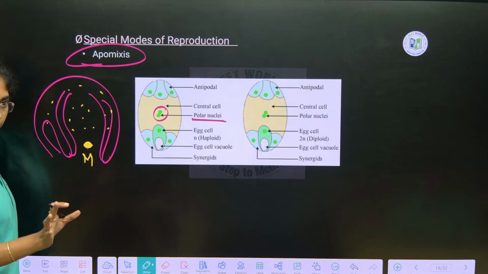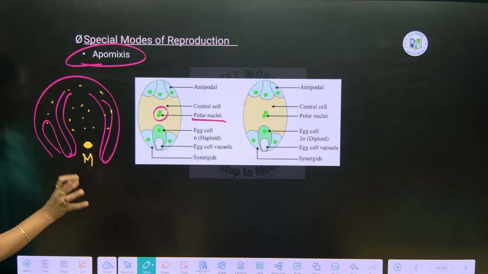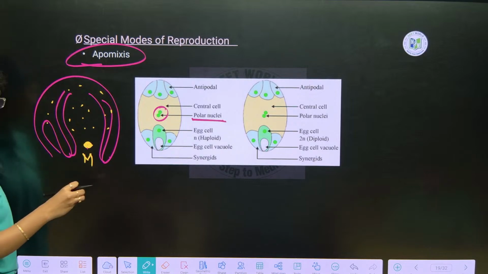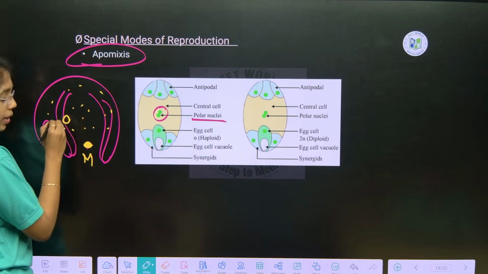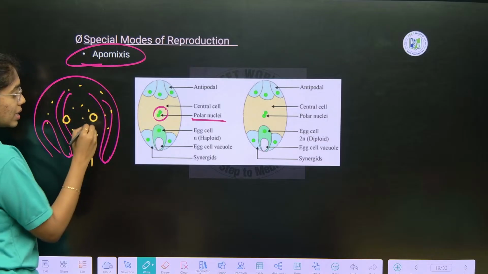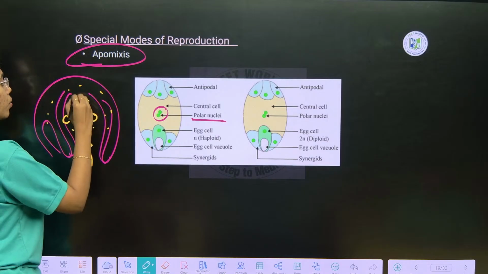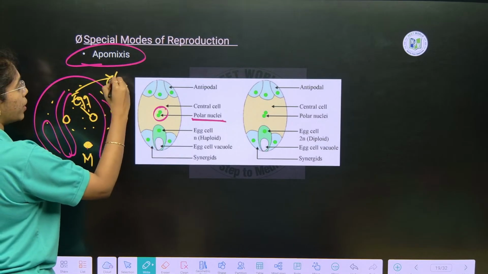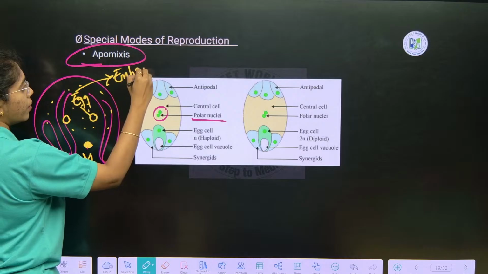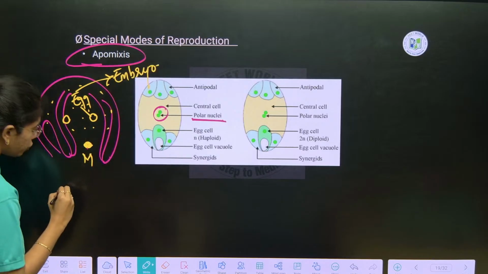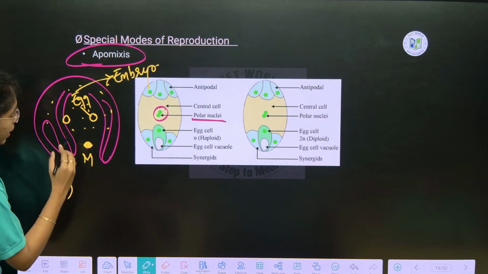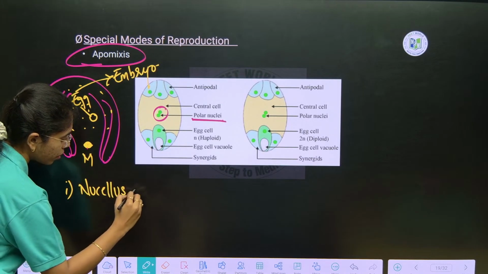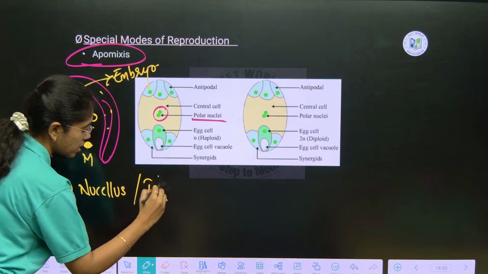Diploid, right? Keep the ploidy in your mind. So, if without fertilization, either any of the integument cells or a nucellus cell is differentiating into an egg directly, the egg will later develop into an embryo. Understood? Okay. So, the first process is what? Either a nucellus cell or integumentary cells.